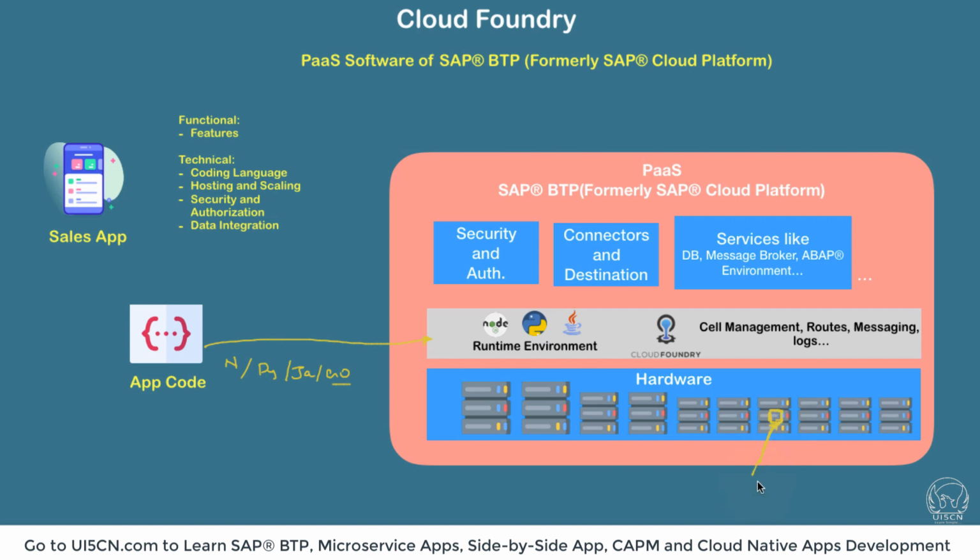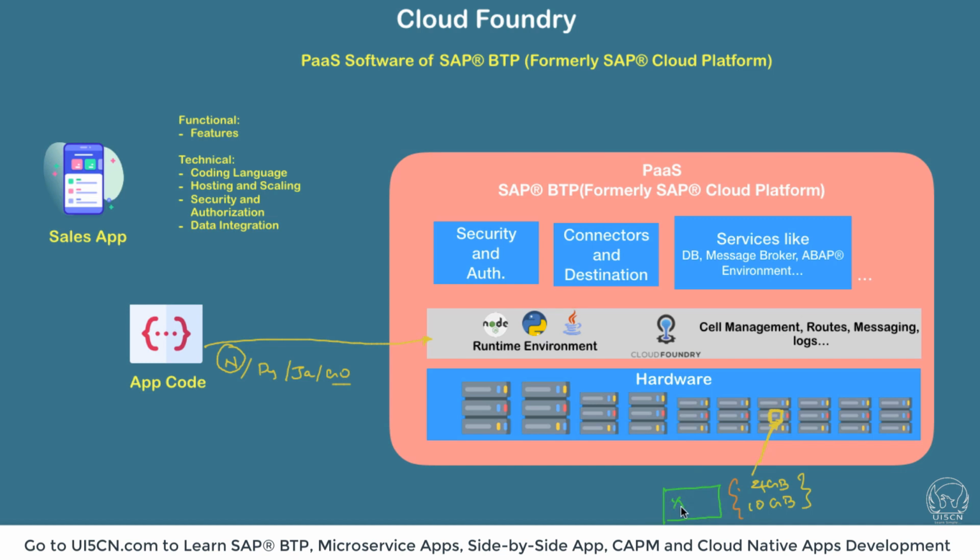So this cell may be provided with 4 GB RAM and maybe 10 GB of hard disk space, and a container. Imagine this is a Node based application, then a container will be created, and this container on top of having some resources will also be provided some runtime environment which is required for a Node application to run.